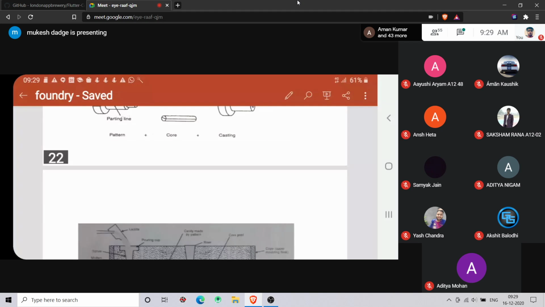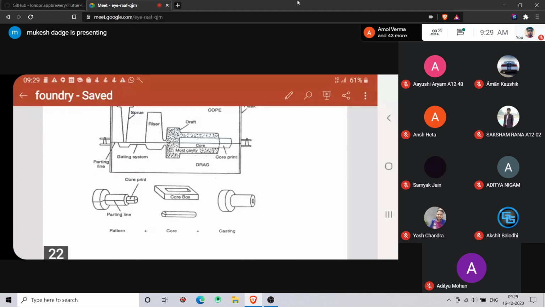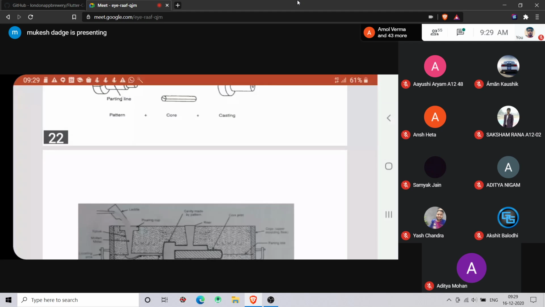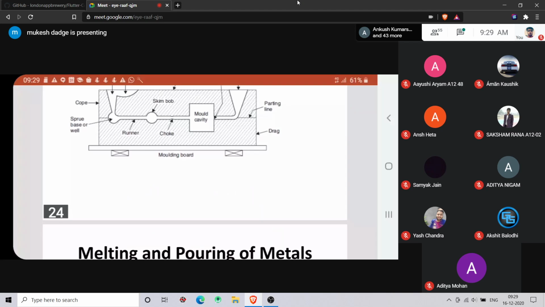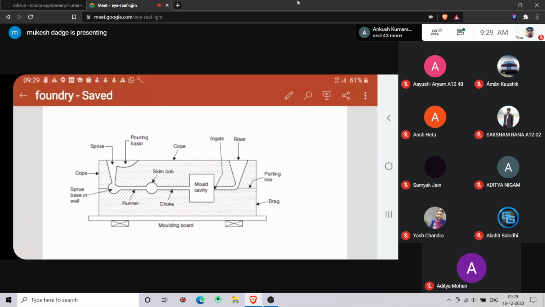It is not shown in the diagram, so you have to show some venting lines on the mold cavity. One is that permeability should be there in the sand, and another is the venting operation. I will show it in the video.